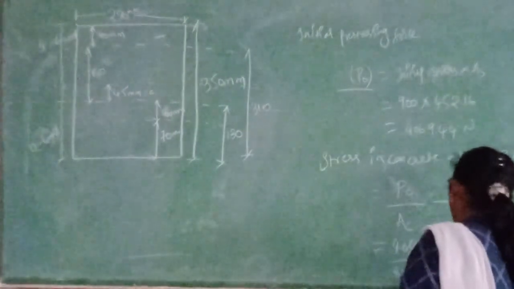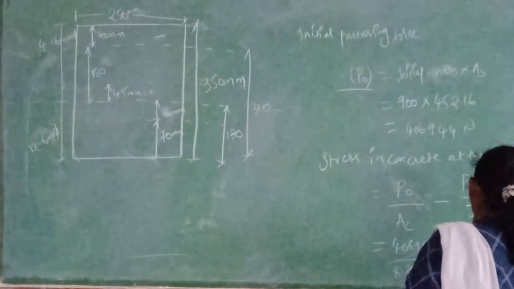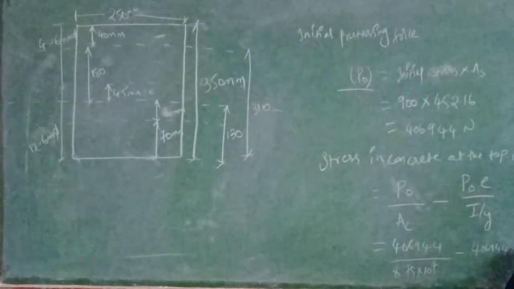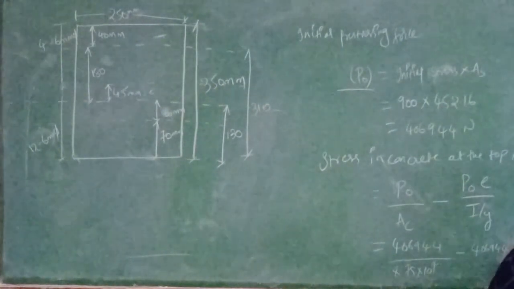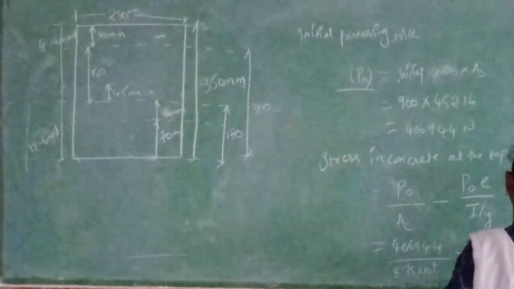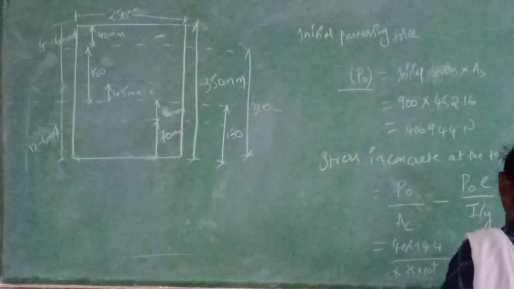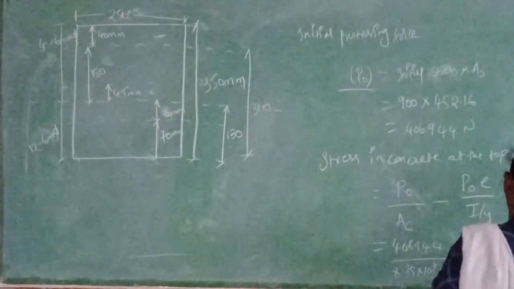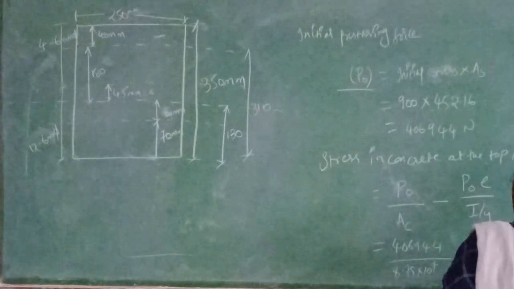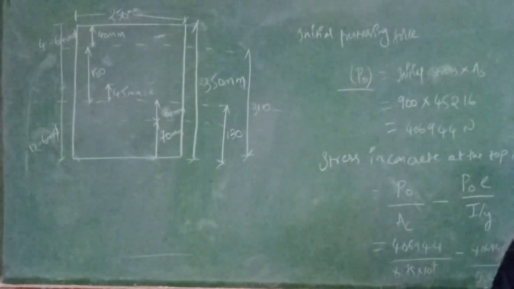8.75 into 10 to the power 4 minus 406,944 into the E, 45, and from that up to the E you have 180. Here, what is the I you have got? 0.8934 into 10 to the power 9.